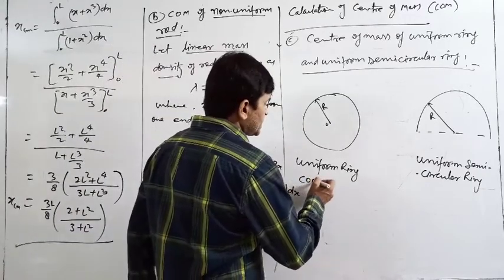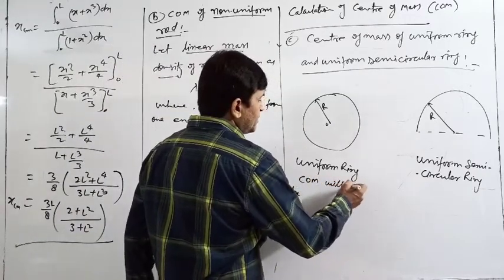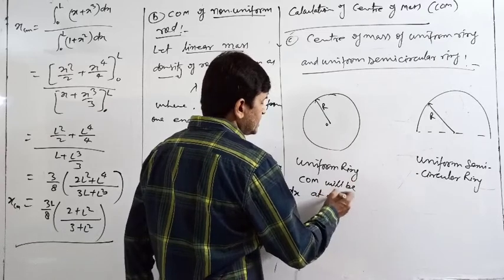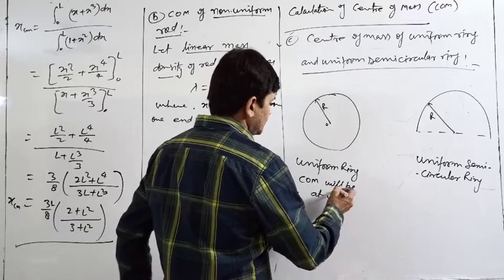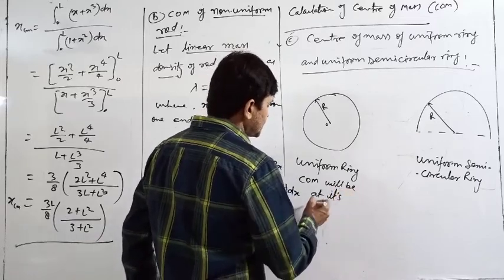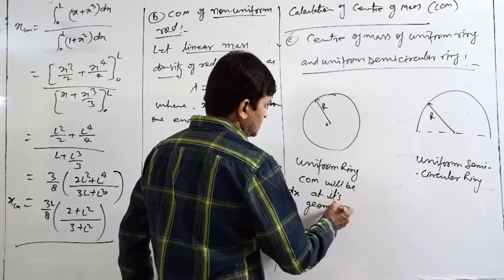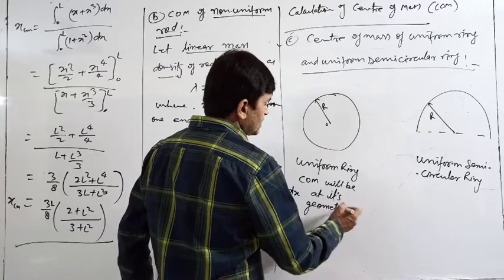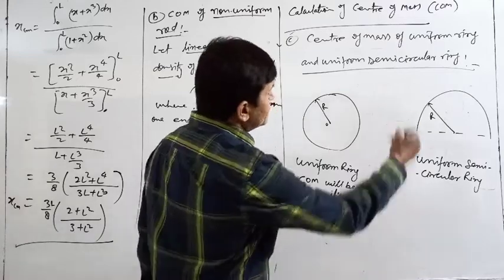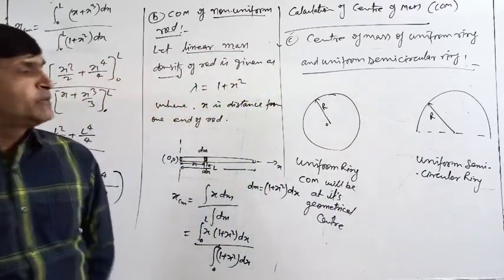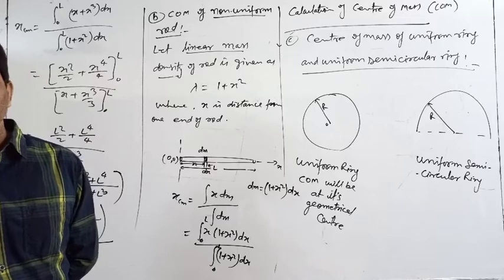For the uniform ring, the center of mass will be at its center. That is the geometrical center. But in case of a uniform semicircular ring, can you guess?